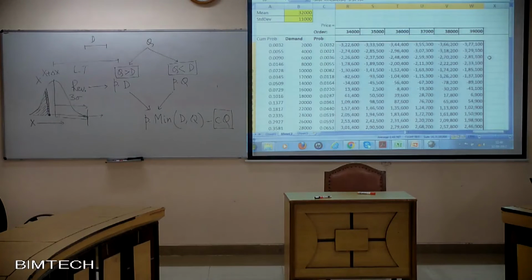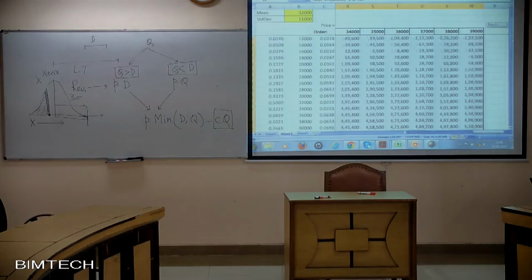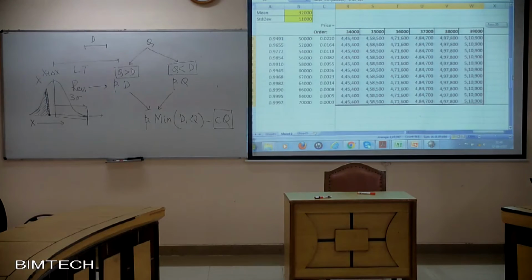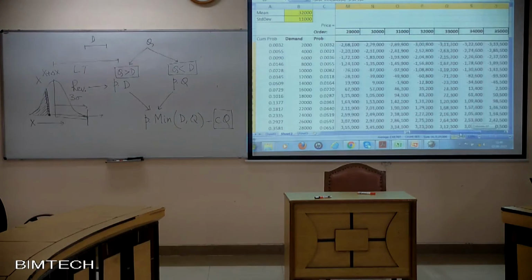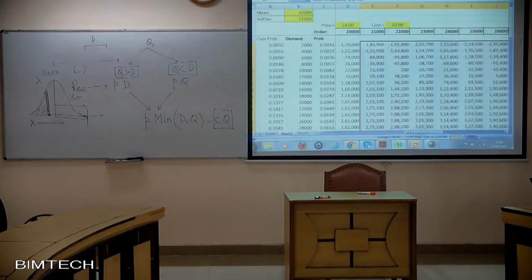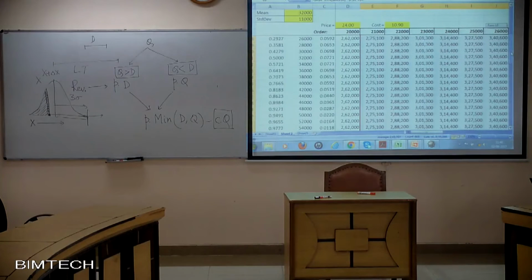We have got the full range of profit values. Okay, please note, we have got the full range of profit values for the entire range of order quantities. Interesting. Just one formula, and we are done. What next?